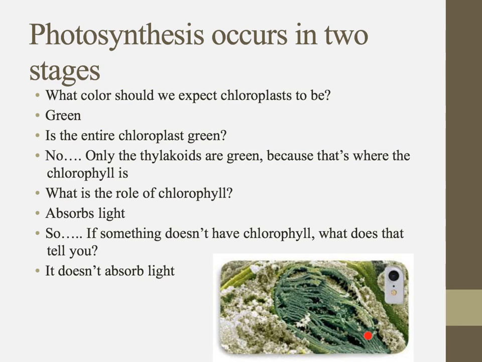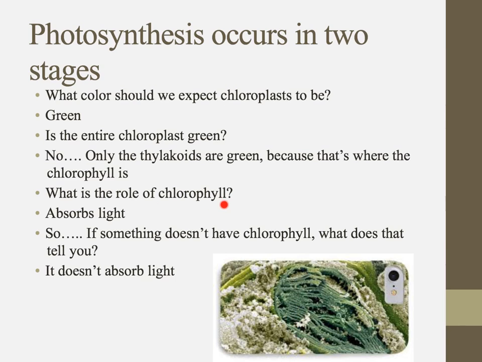Here's an SEM image of a chloroplast, and again, we can see the thylakoid discs here and the stacks of them, which are the grana. And then these spaces in between are filled with the stroma. So we should expect chloroplasts to be green, but not the entire chloroplast. Only the thylakoids are green because that's where the chlorophyll is.